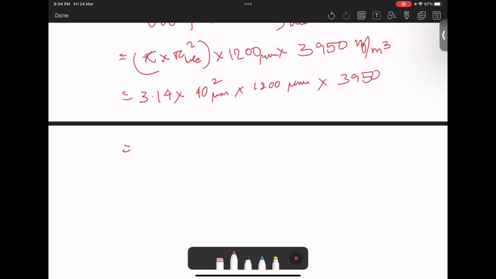Now you change the microns to meters to get uniformity in your units and get the mass of the abrasive particles as 23.73 into 10 to the power minus 9 kgs.